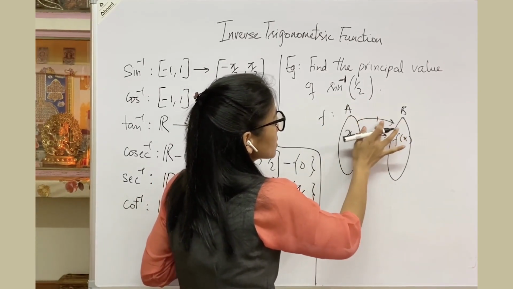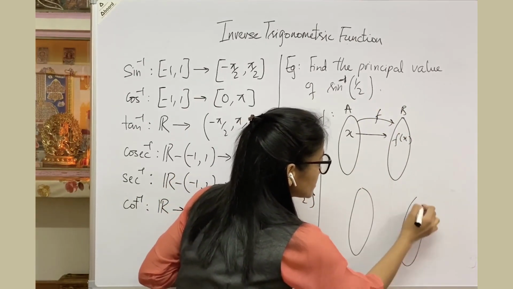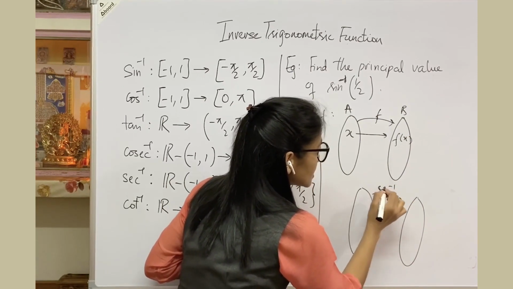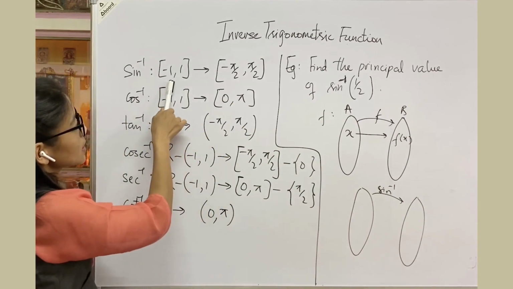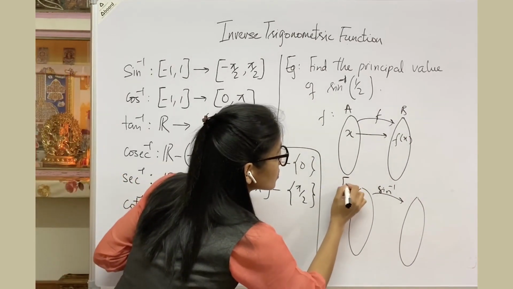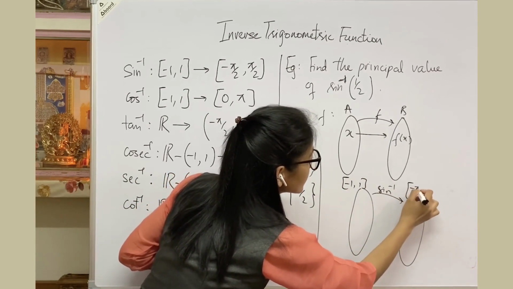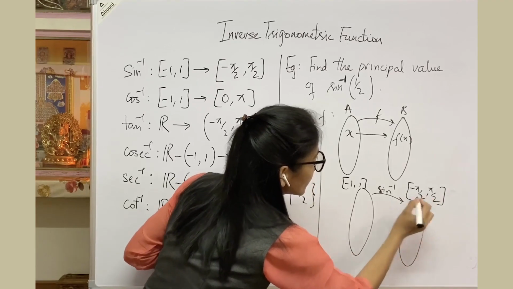Now here my function is sine inverse, and sine inverse means your domain is closed interval -1 to 1, and its principal branch is -pi/2 to pi/2, right?